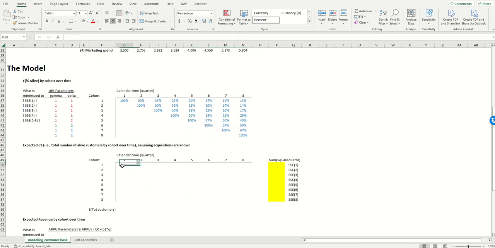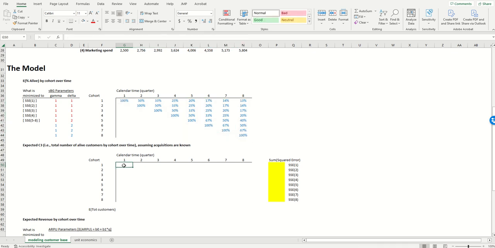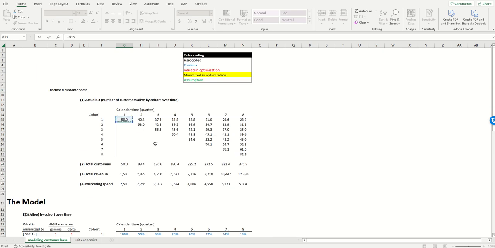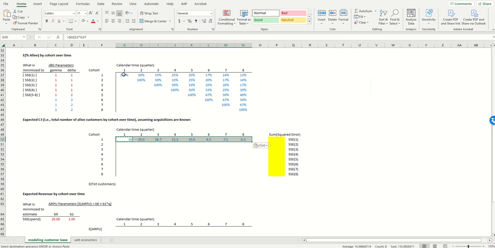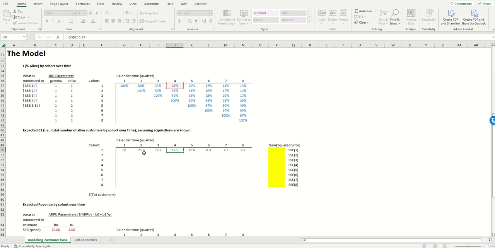Now we want to take these curves and map them back to what we would have expected the number of customers alive to be, given the acquisition data that we saw. If we go to cohort number 1, we know that we acquired 50 customers in that period. So the number of customers that we would expect to still be alive for that cohort in all the future periods is simply that same 50 that we started with, multiplied by that point on the retention curve.